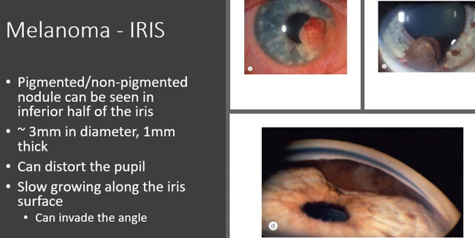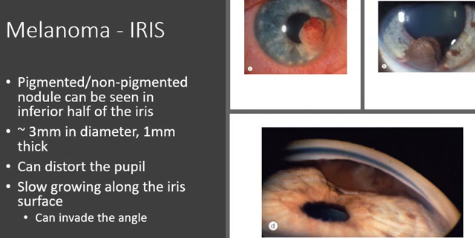They are quite common, or people with fair skin, I should say, are more predisposed to having iris melanomas, and the light iris color in fair skin people puts them at greater risk of developing either an iris or a uveal melanoma.